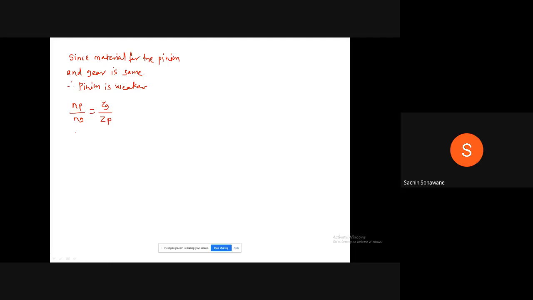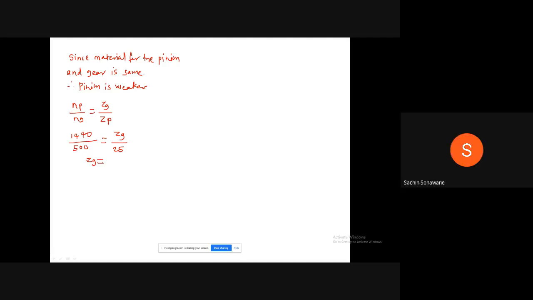Diameter means, always remember, pitch circle diameter. 1440 divided by 500 is equal to Zg divided by 25. Therefore, calculate Zg. How much is Zg? Number of teeth?